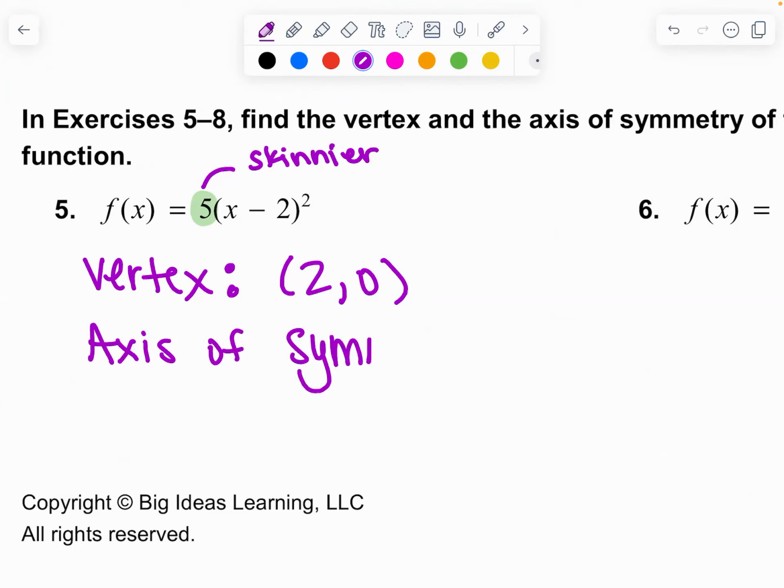Okay, where is it? Oh, thank you for saying x = 2. This is honestly my favorite way to graph parabolas because I feel like it's not as much work when it's already in vertex form.